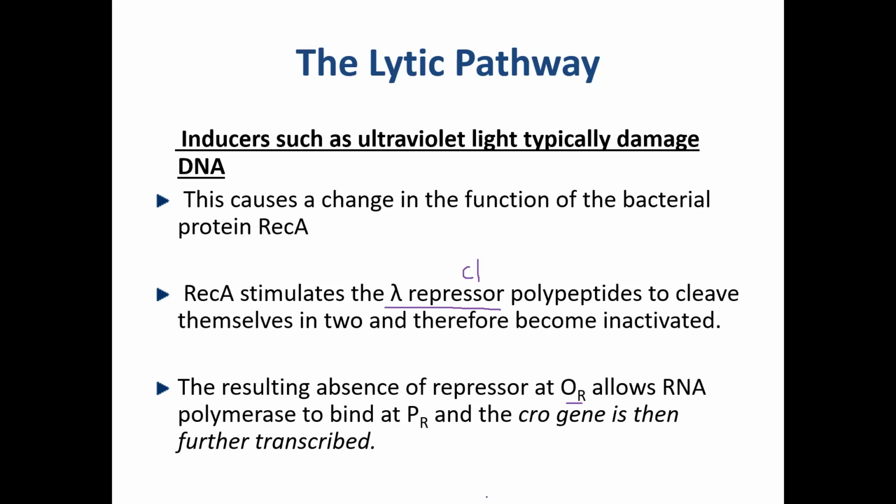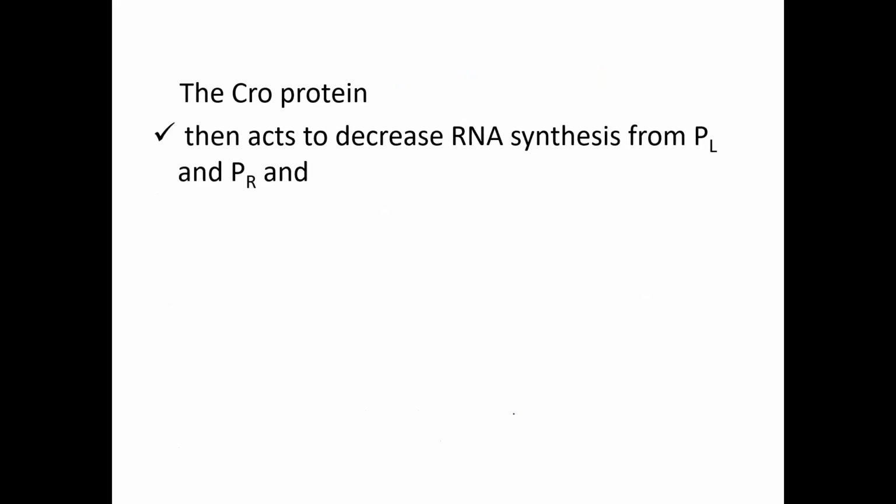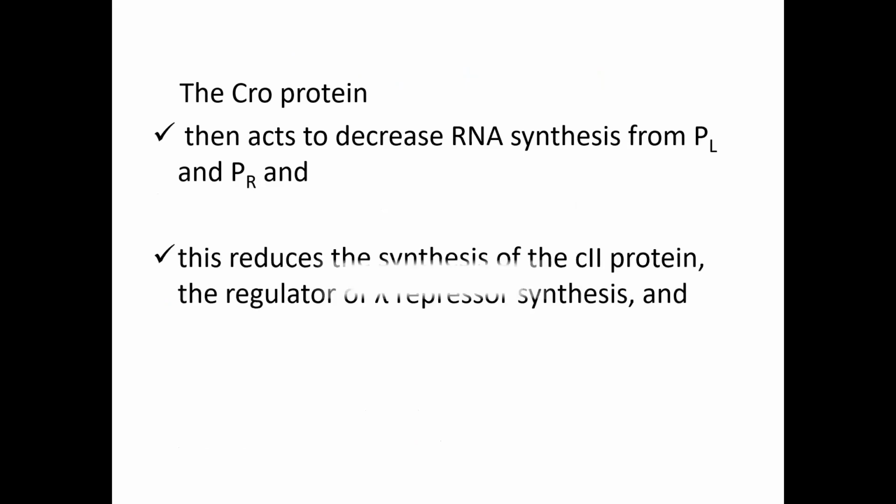So RNA polymerase can bind to promoter right and the CRO gene can be transcribed. The CRO protein made will decrease the synthesis from PL and PR. So it will decrease synthesis from PL so that C2 is made less. This reduces the synthesis of C2 because you know from PL N is made and N results in the transcription of C2.